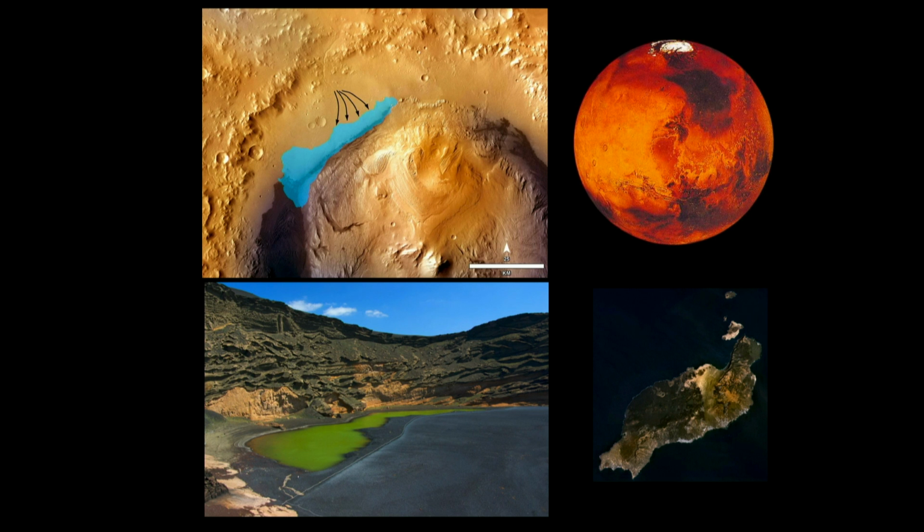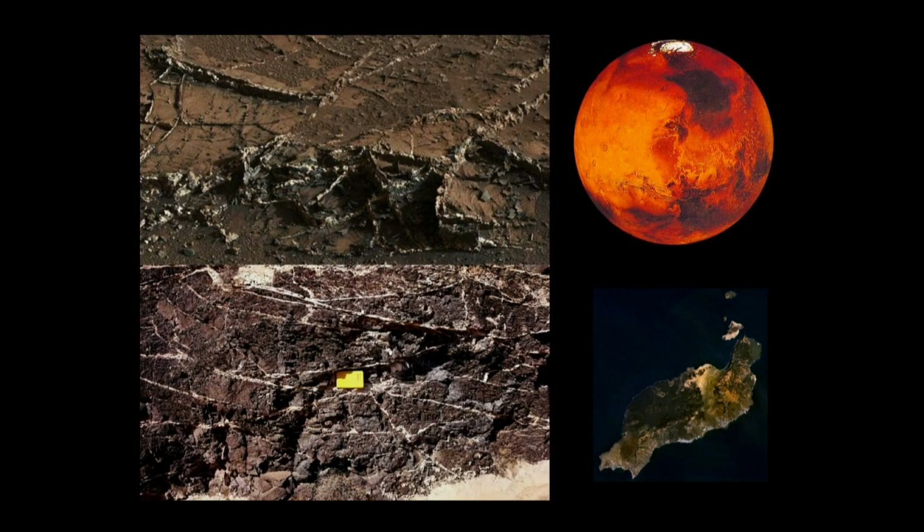This is a crater, the part of a crater which was destroyed by the erosion. This is a network of fractures. This is on Mars, of course. This with the notebook is on Earth. This is in Lanzarote also, in the basal part of the island.